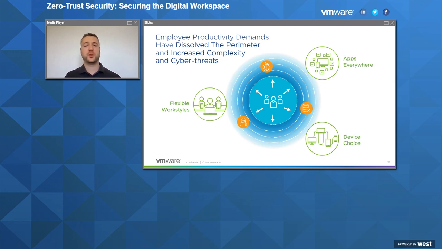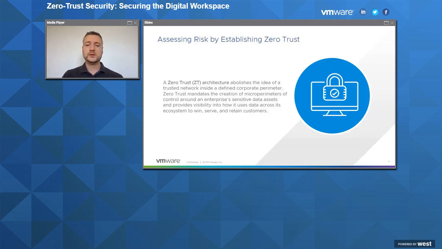It gets much more difficult to, one, get visibility of what your users are doing, and two, to be able to secure what your users are doing once they're outside of your traditional security perimeter. And it's because of this that the whole idea of zero trust was created.